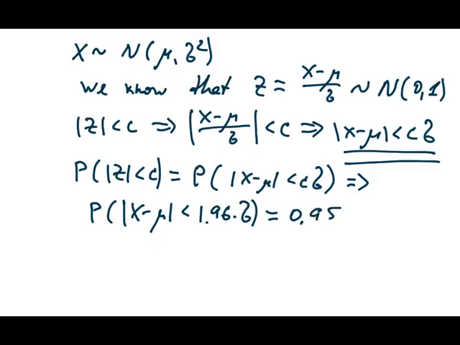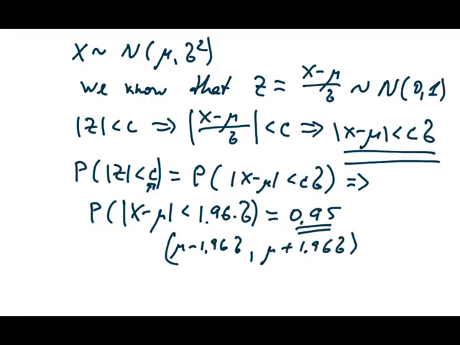We found it before, so it is for this. If c is 1.96, then the probability should be 0.95. Now, what did we get? We got the same kind of observation as we had for z. In 95% of cases, the random value of random variable x will be in the range from mu minus 1.96 times sigma to mu plus 1.96 times sigma.